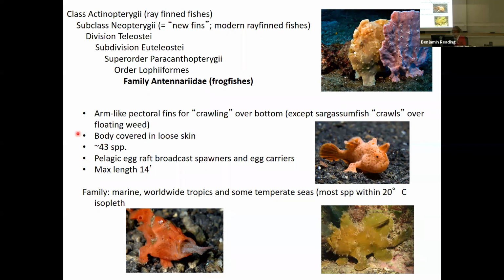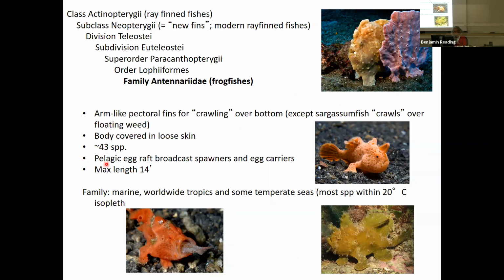It actually crawls over floating weeds called sargassum, and it's in the Sargasso Sea, hence the name Sargasso Sea, where the eels are spawning. So the sargassum fish is hanging out in the floating weeds in the Sargasso Sea. The body is covered in loose skin, so these things don't really have scales. They're just sort of like this weird loose skin.